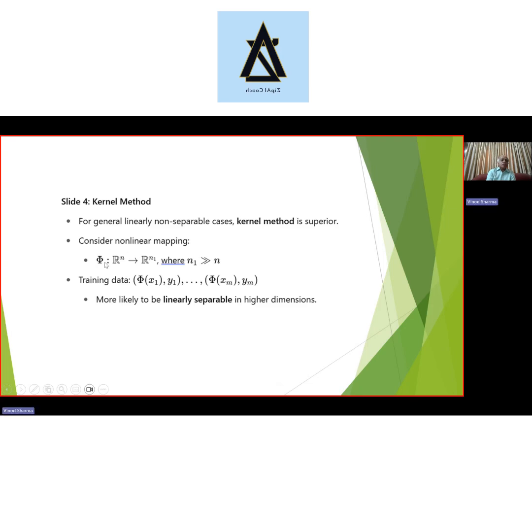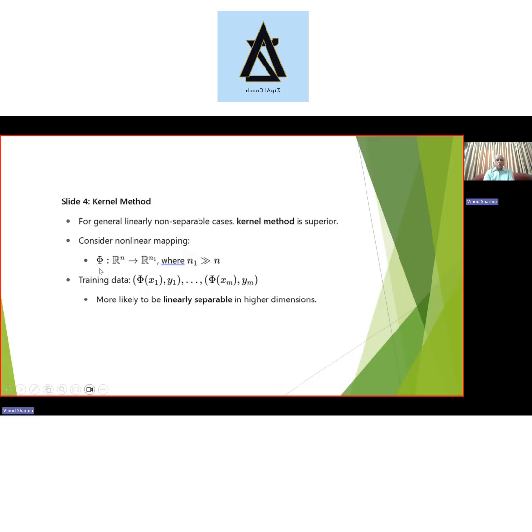The original xi's are in Rn, and we don't have any linear classifier which does a good job in classifying them. So what you can do is take a nonlinear mapping from Rn to Rn1, where Rn1 is much larger than n.